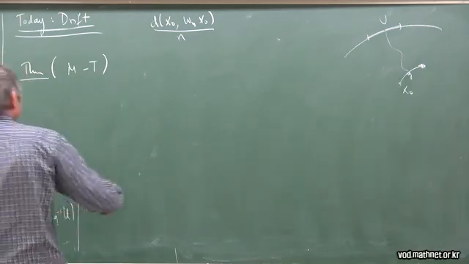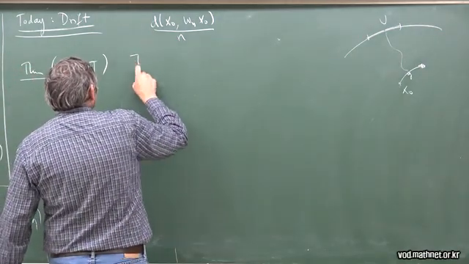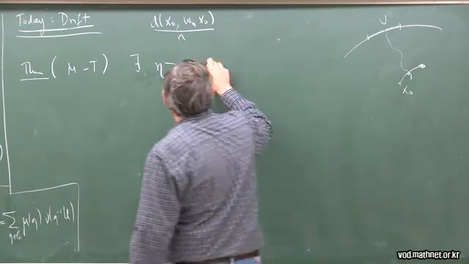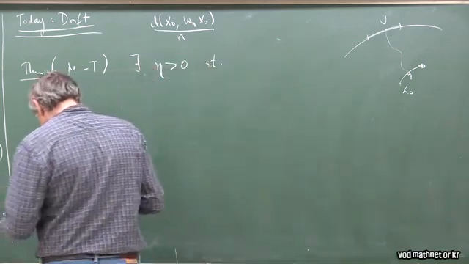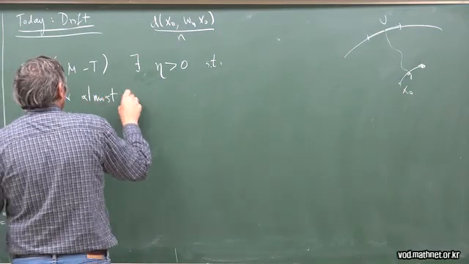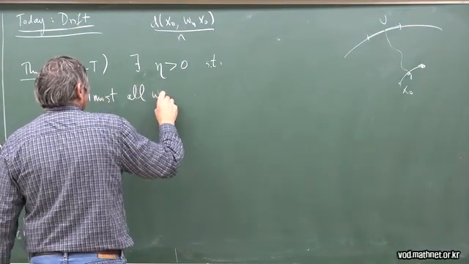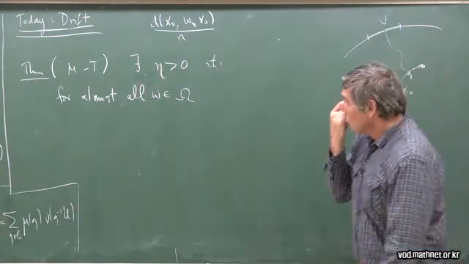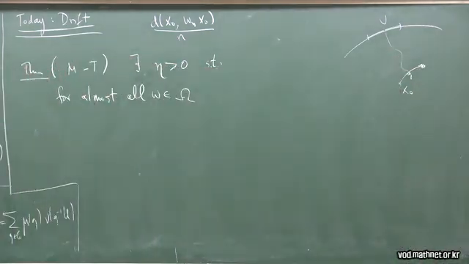The first part is that there is some positive constant eta so that for almost all omega, for almost all sample paths, if I look at how quickly it's going off to infinity, it's with speed at least eta.